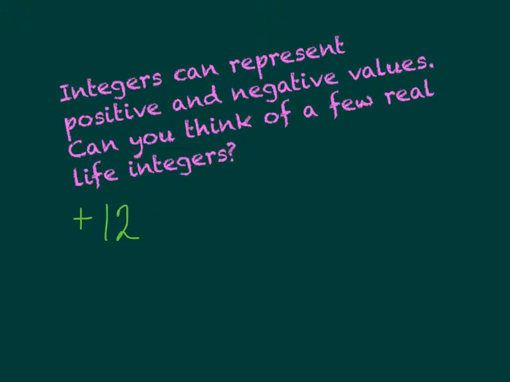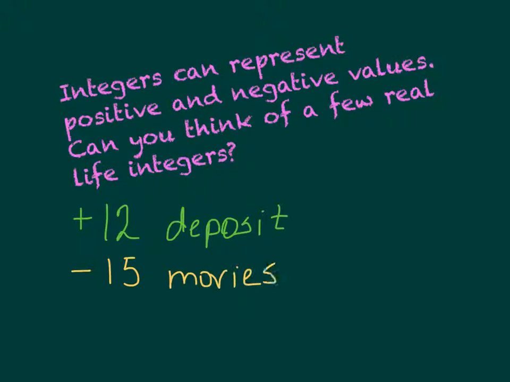Let's say I need $15 because I'm going to go to the movies. That would be negative $15. So I'm adding $12 with my deposit, and then I'm taking out $15 to go to the movies. So that's one example. It's a very popular example of integers having to do with money.